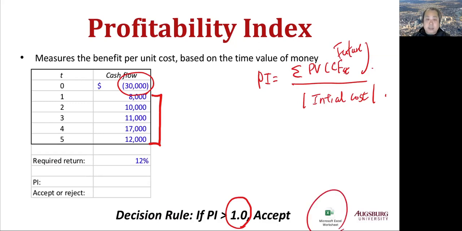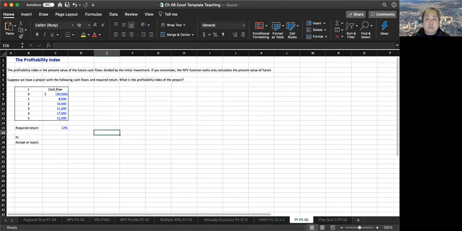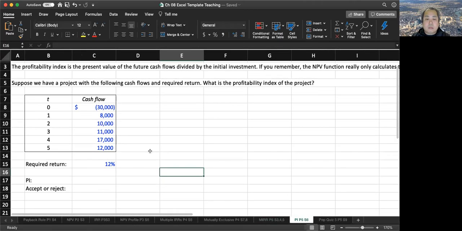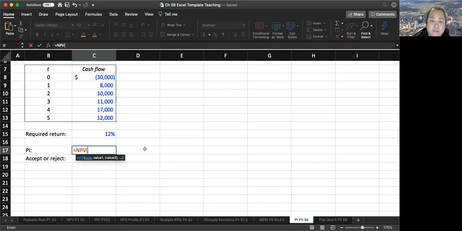Again, double click the Excel icon. Profitability index: the numerator is simply the NPV at the rate of 12% and then 1 to the end, right? You don't have to add it back because this is just 1 to the future one.